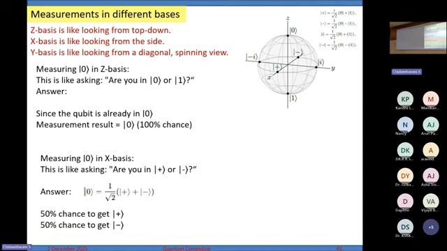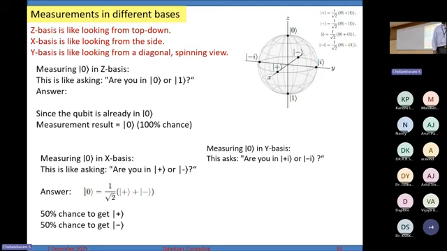So the transformation is like the Pauli X gate, right? So 50% chance to get plus, 50% chance to get minus. So when you measure 0 in the X basis, you get a 50% chance of plus and a 50% chance of minus. Now I am measuring 0 in the Y basis.